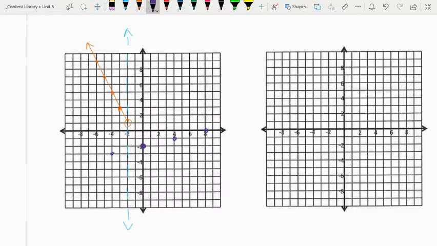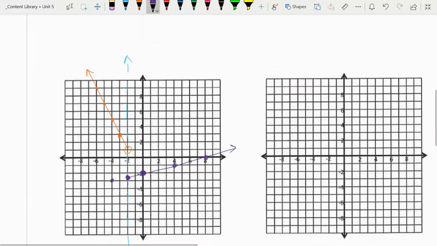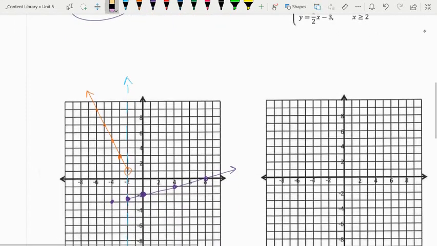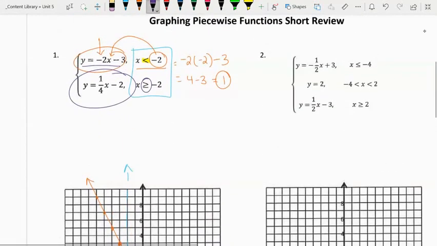And if you notice, that means that we're not hitting this line at the exact point like we normally would. And that's okay. We can just estimate it here and know that it's going to be a closed circle somewhere in there because this is a greater than or equal to. Now again, if I ever needed to find out what that value was, I would take my -2 and plug it in.